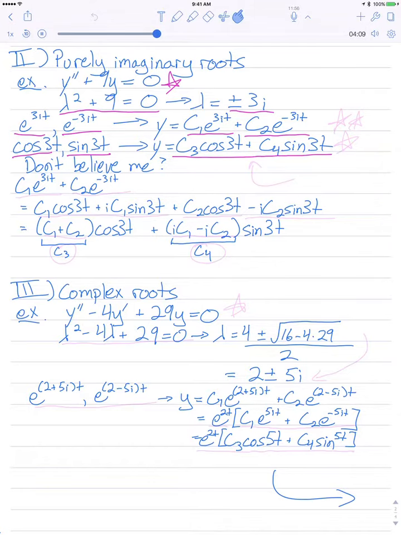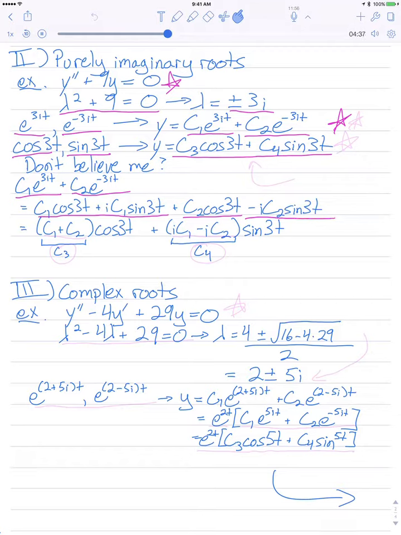If you don't believe me that these are really just the same solution masquerading in a different form, you can take this first way of writing things here and apply Euler's formula. So this term here becomes c1 cos 3t plus i c1 sine 3t, and by Euler's formula, this term here becomes c2 cos 3t minus i c2 sine 3t.